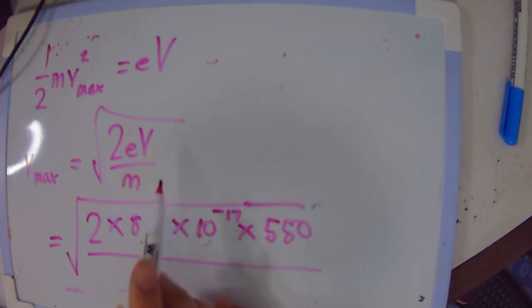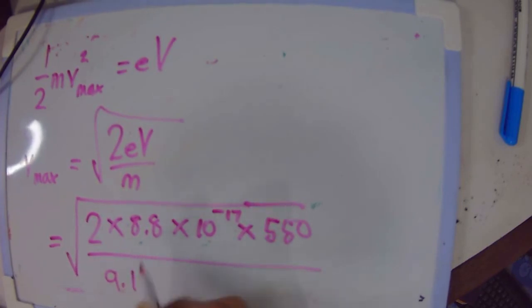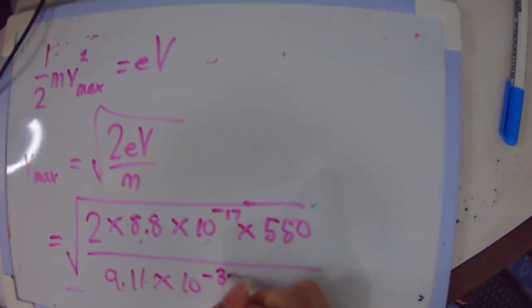We know that the mass of an electron is 9.11 times 10 to the power of negative 31.